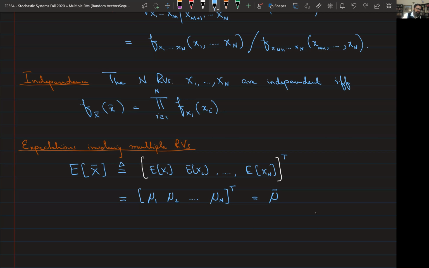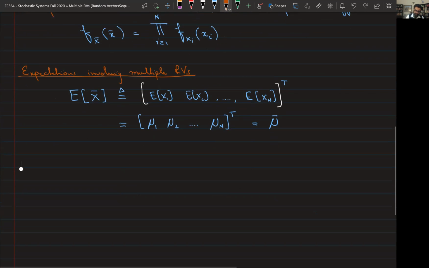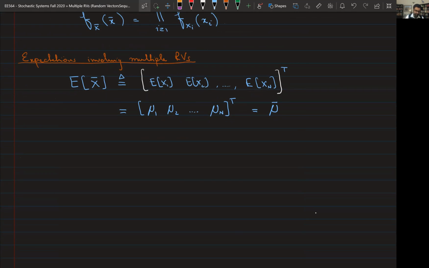By extension, we extend this inside a matrix as well in a similar fashion. Here's an important thing we're going to define, called the correlation matrix.